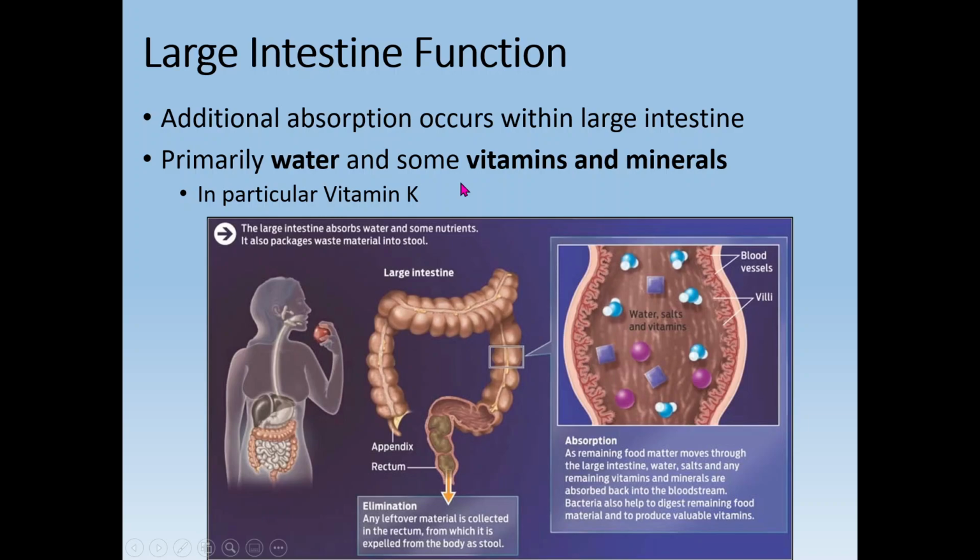Now, the small intestine is doing a vast majority of the absorption, especially nutrients. However, the large intestine is going to be a lot of water absorption. So we kept water mixed in with that chyme all the way up to the large intestine, because that allows that material to move nice and easy through the stomach, through the duodenum, through the small intestine.